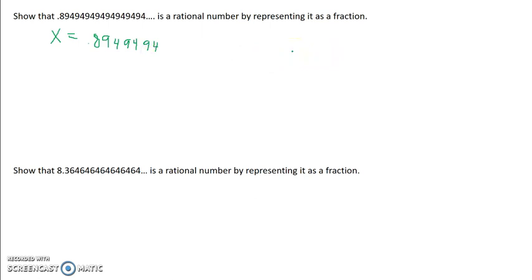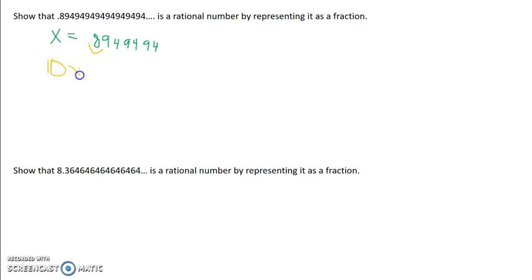Alright, so what I need in my first equation is just the repeating part after the decimal. The repeating part is 94. If I take the decimal point and move it over 1, then that will put just the repeating part after the decimal. So I'm going to multiply by 10.